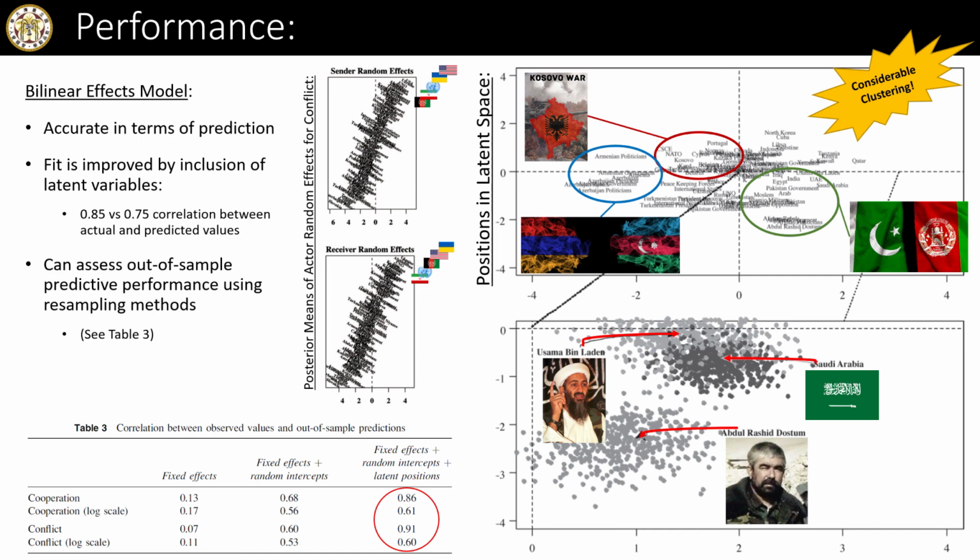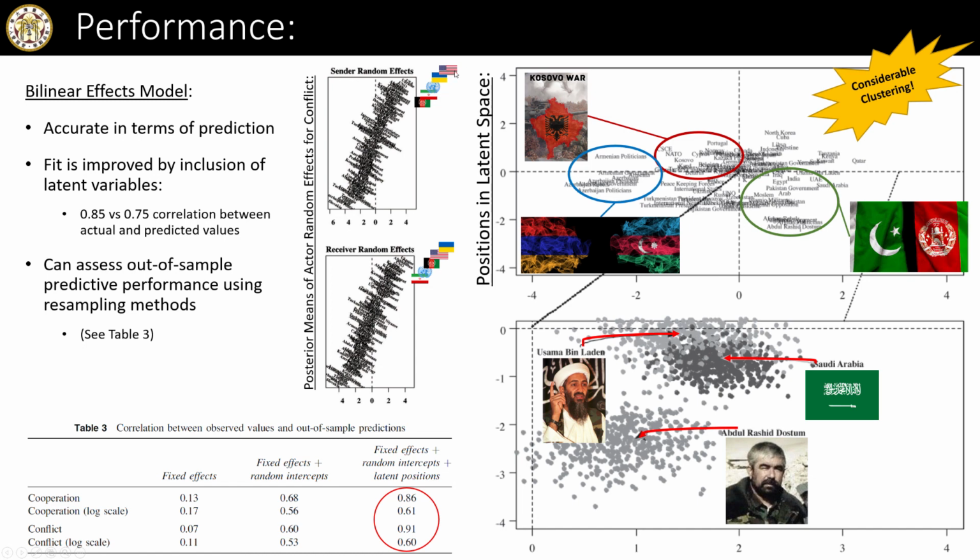I pasted in the flags or symbols of the top handful of actors, the ones that have the highest random effect for sending conflict and the highest actor specific effect for receiving conflict. And we'll see they're similar.